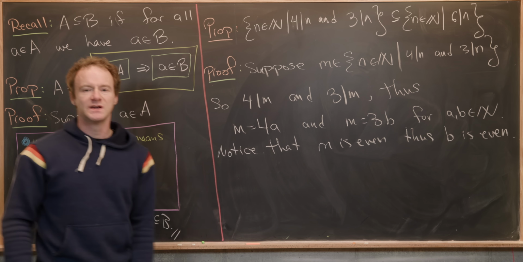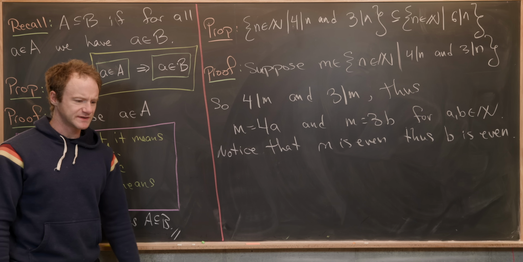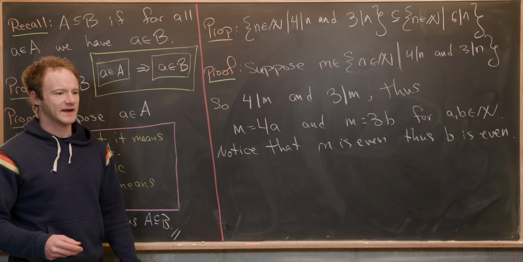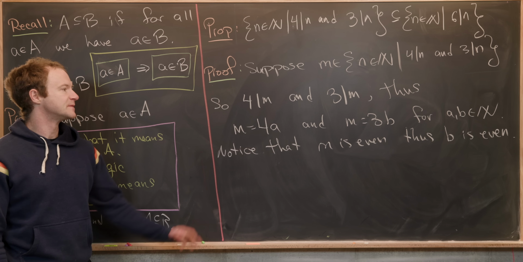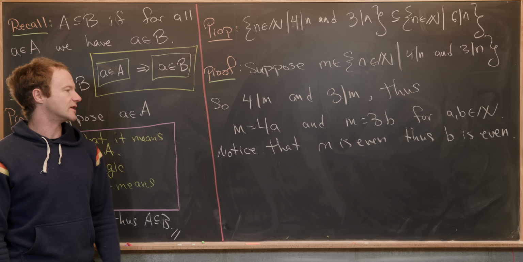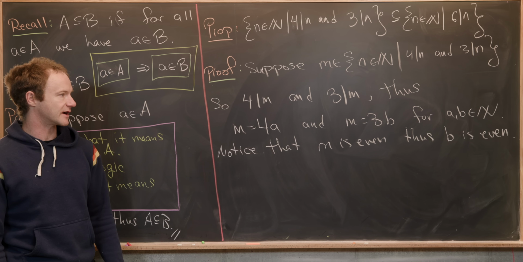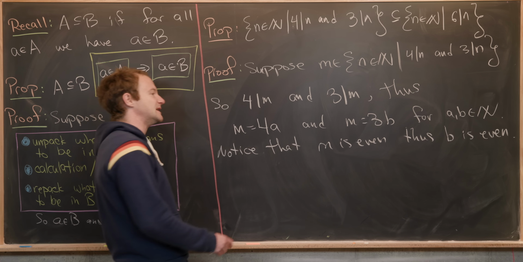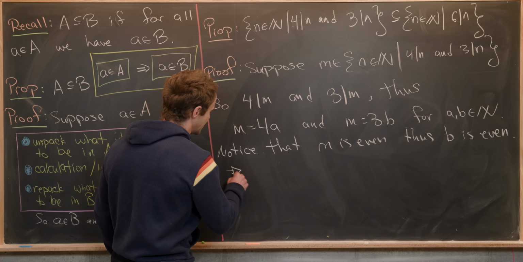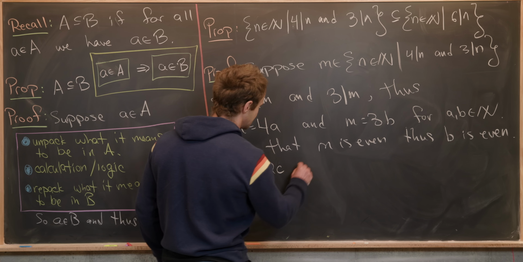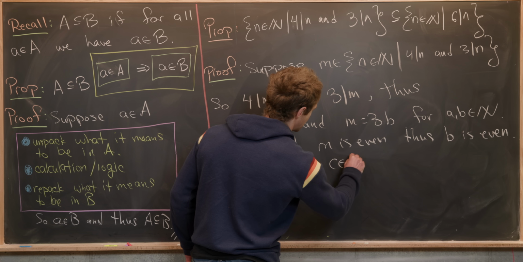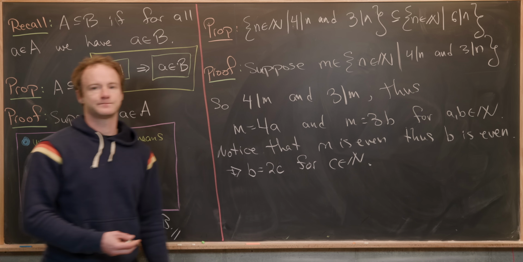Okay, great. So here in the background, we're using some stuff from number theory like the fundamental theorem of arithmetic. But since our goal here is to just learn how to write proofs, we can kind of take that for granted. Okay, so now since b is even, that means that we can write b equals 2 times c for some natural number c.